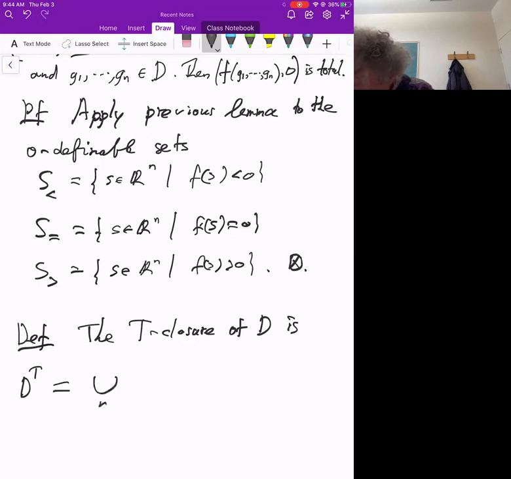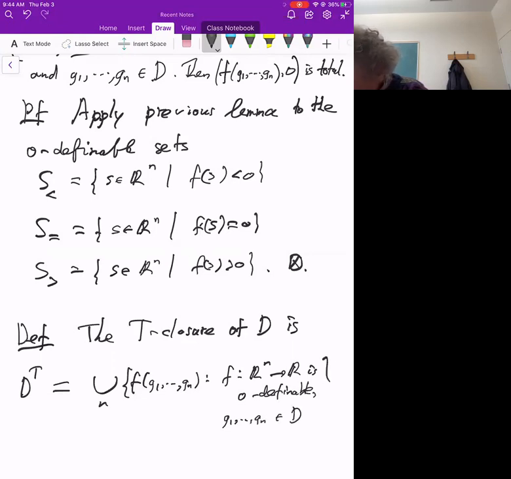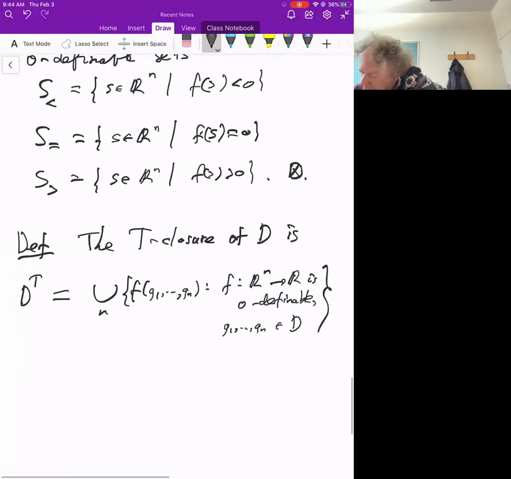It's the union over all natural numbers n of the f(g1, up to gn), where f from R^n to R is zero-definable, and g1 up to gn are in D. This is now certainly a subset of script G, but in fact it's an R tilde domain and a model of T. This is 4.1.4.